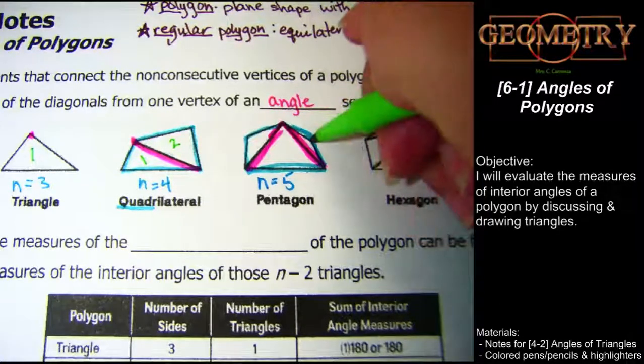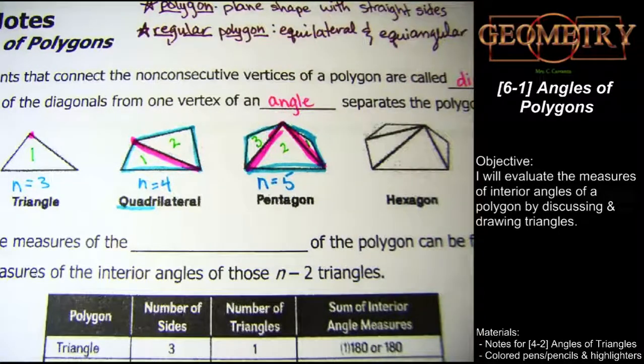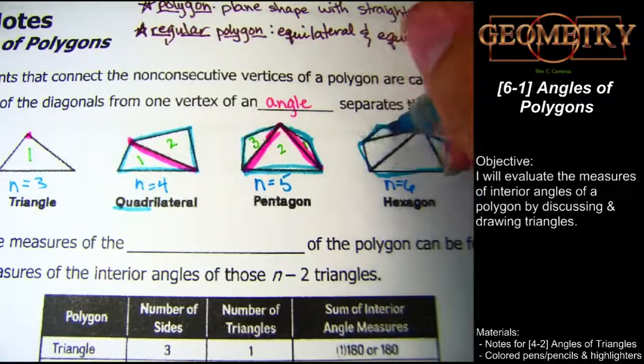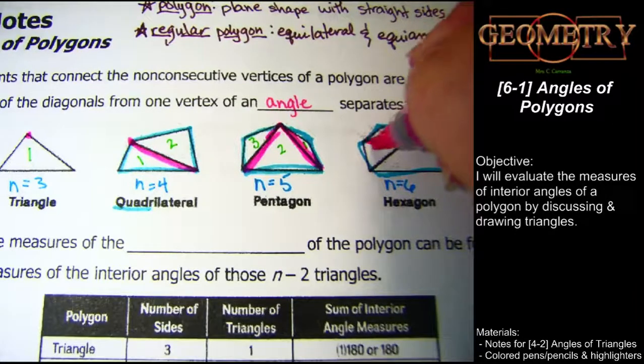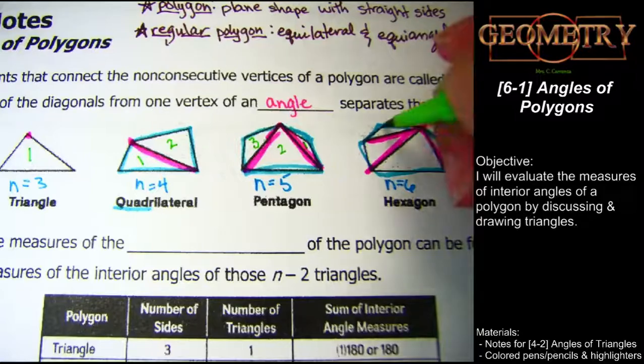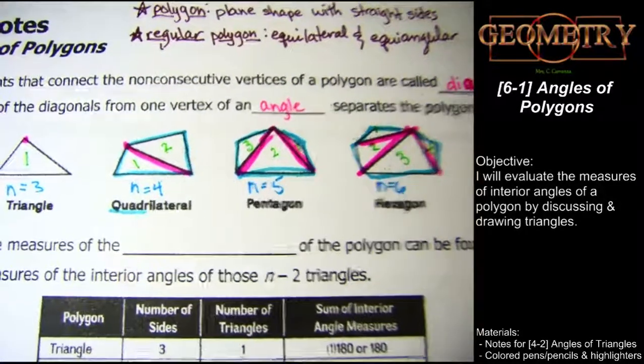How many triangles? 3. Good. The hexagon, how many sides? 1, 2, 3, 4, 5, 6. I can draw some diagonals. And how many triangles do I end up with? 4 of them. Notice the pattern.